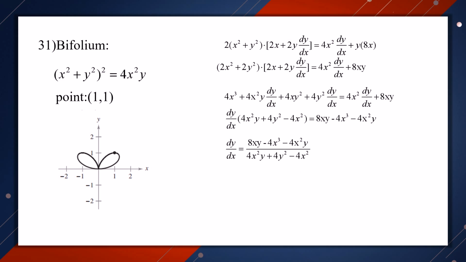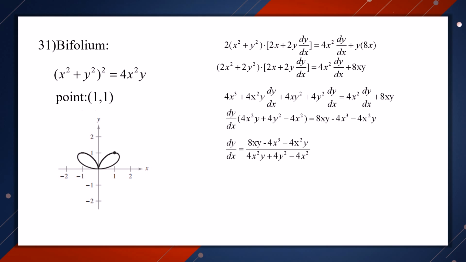And then the final result of the derivative of y is equal to 8xy minus 4x to the power of 3 minus 4x to the power of 2 y over 4x to the power of 2 y plus 4y to the power of 2 minus 4x to the power of 2.